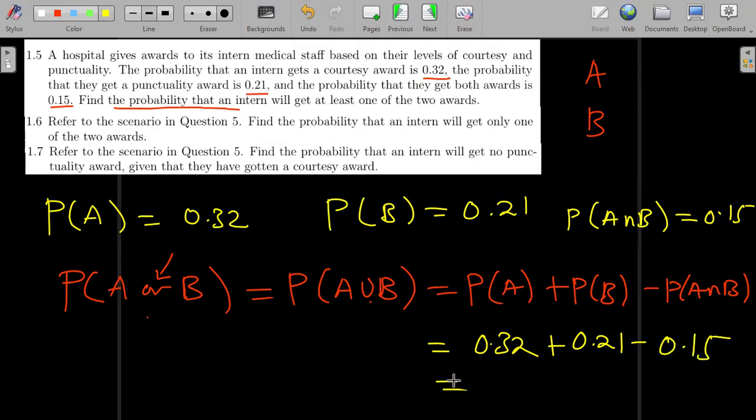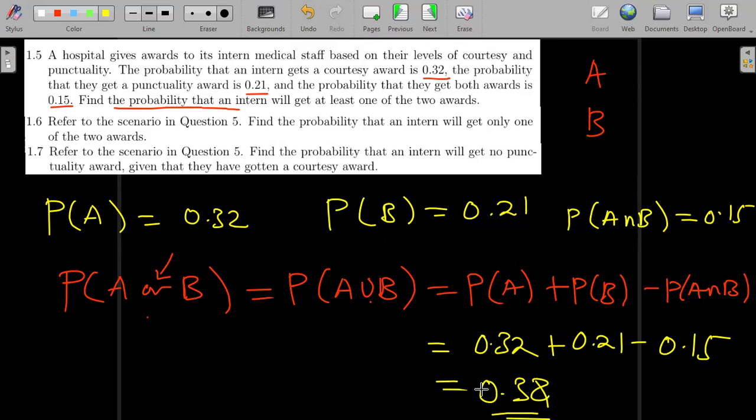So this will be equal to 0.38. So this is the probability that the intern will get at least one of the two awards, meaning you won't get 0 awards.